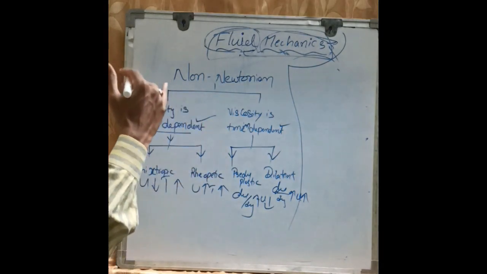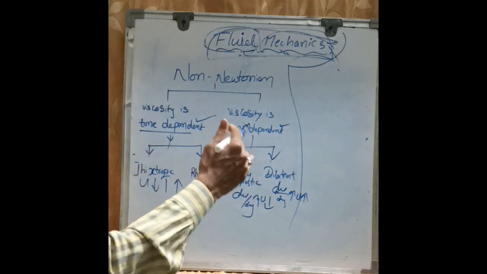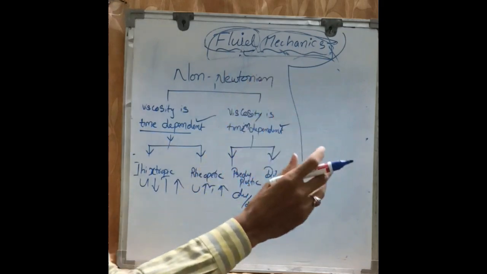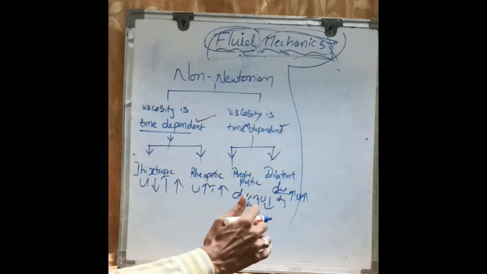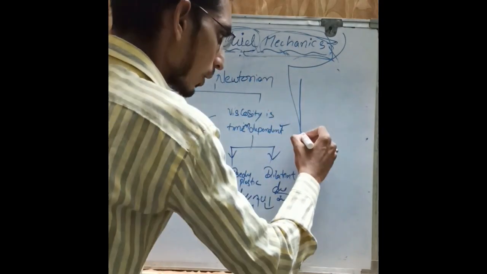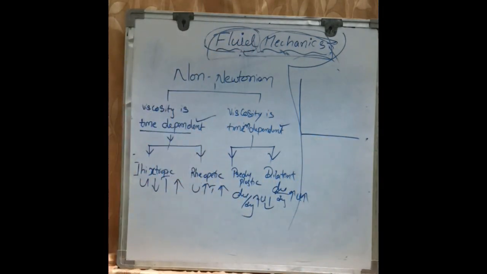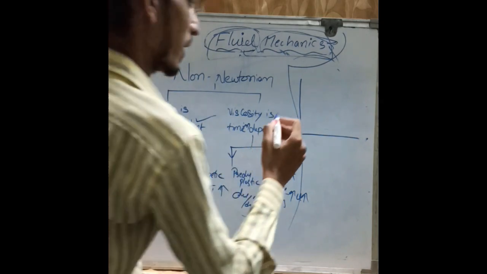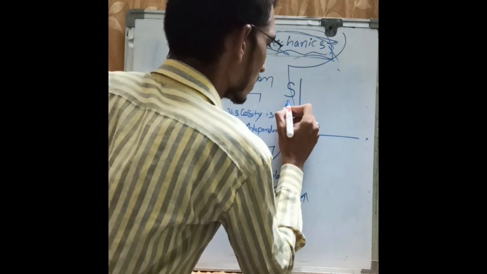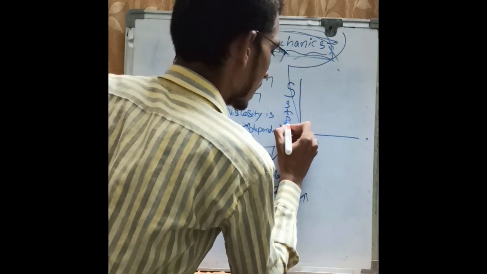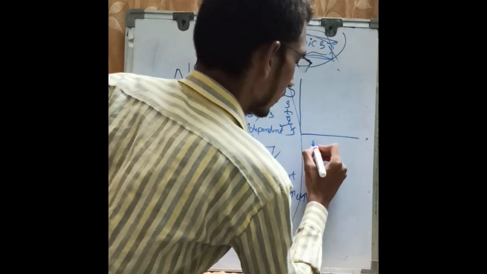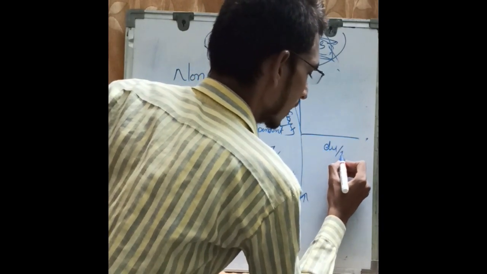In the last topic of today's lecture, we have learned all the 5 types of fluid, and for these 5 types we are going to plot a diagram of shear stress and velocity gradient. Here we have shear stress and here velocity gradient du by dy.